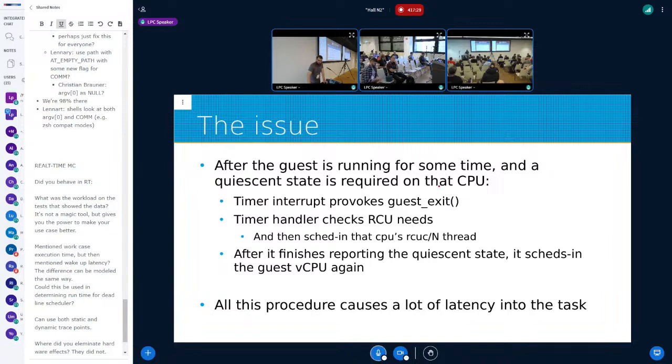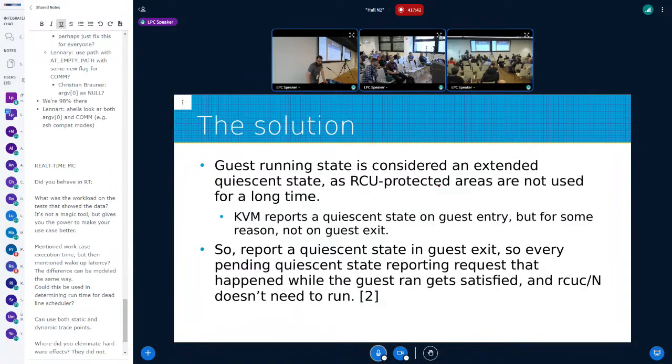So one idea of solving this is that we report a quiescent state in the guest exit as well. It saves most of the cases of running RCU-C outside guest context, but it still happens.